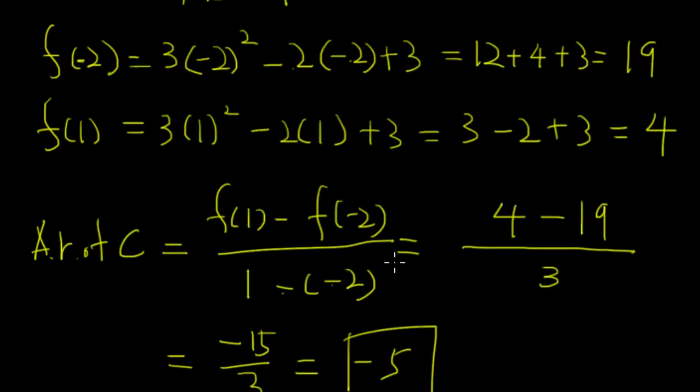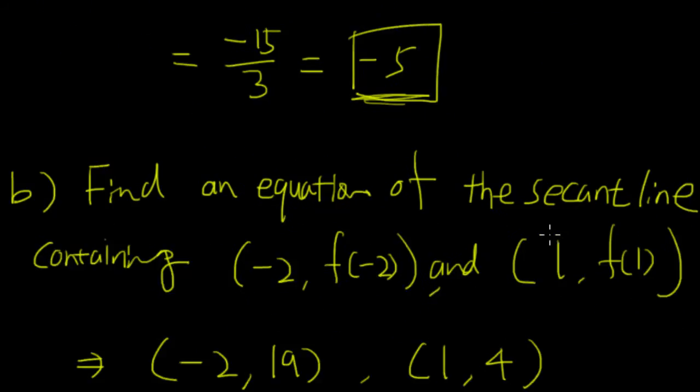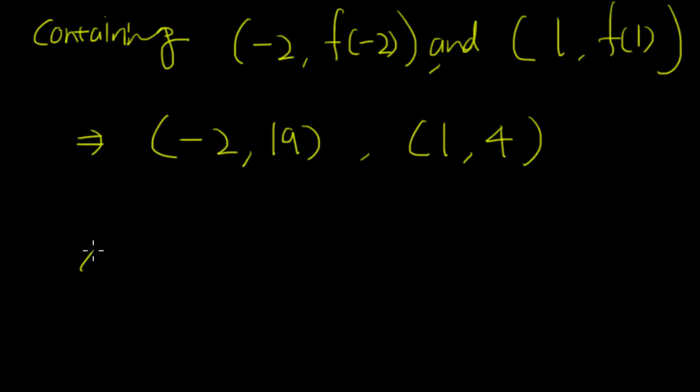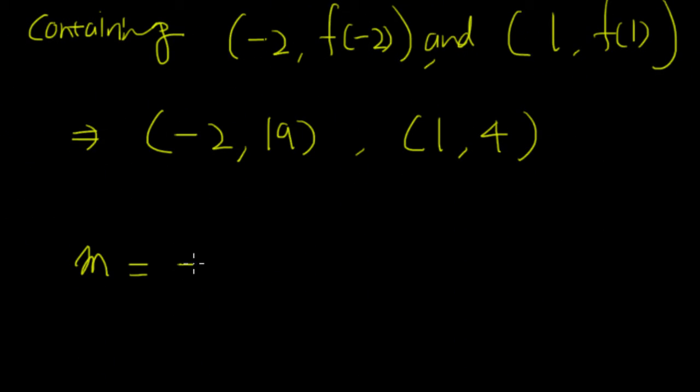We already found that in here, 19 and 4. So we just need to figure out the line equation passing through these 2 points. The m for this secant line we already know from this average rate of change, which was negative 5, right?